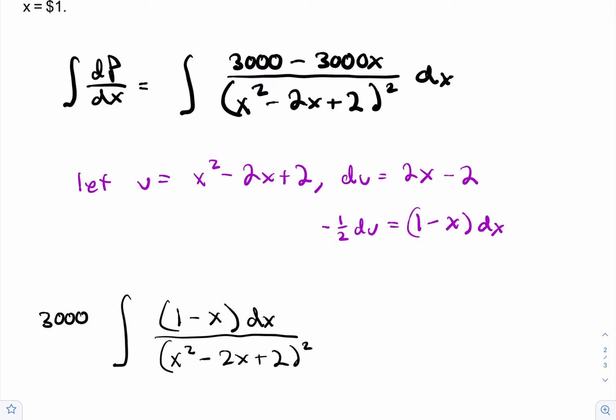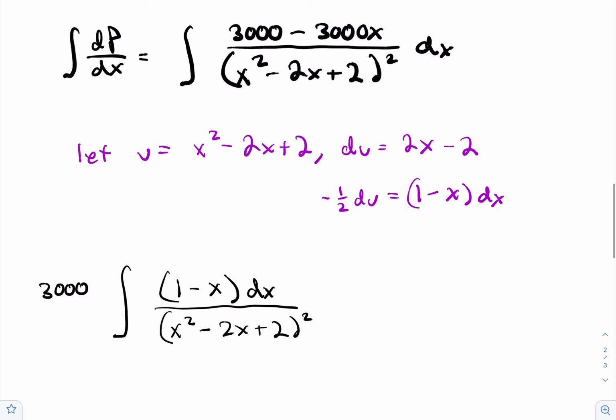Now it's in a form where we can apply our substitution. The 3000 persists, and we incorporate the negative 1/2, so we get negative 3000 over 2 times the integral of du over u squared. 1 over u squared is the same as u to the negative 2 du.